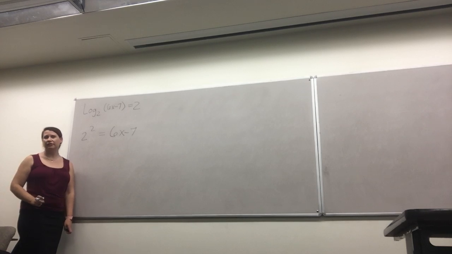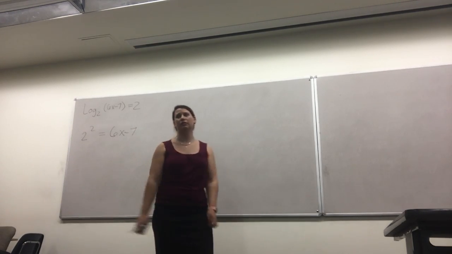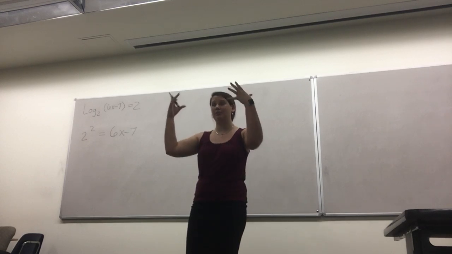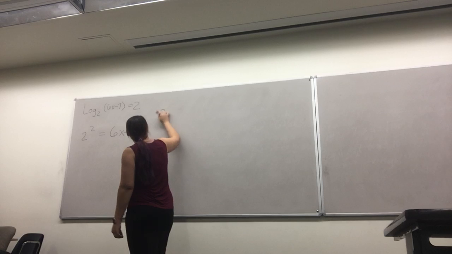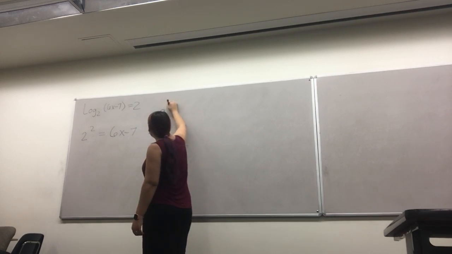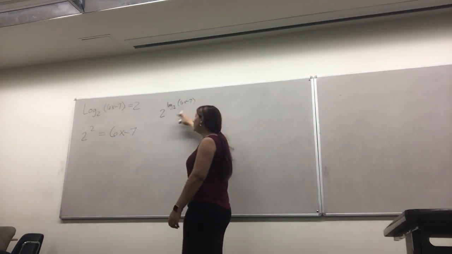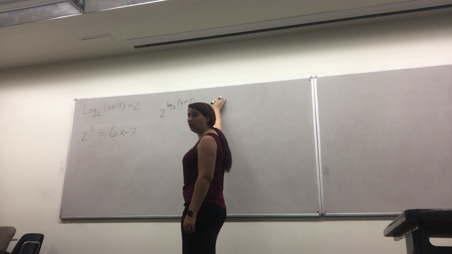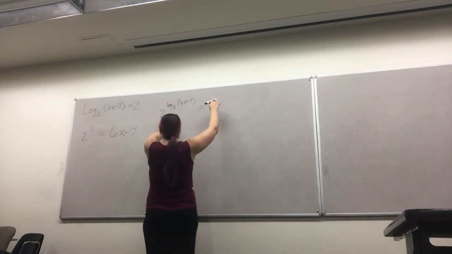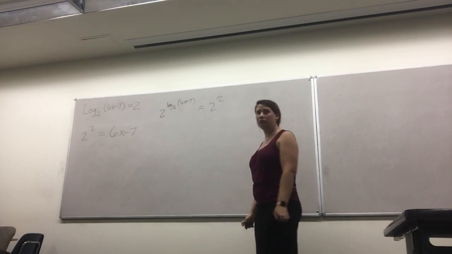Or we could say, oh, that log has base 2. Let's put the log in the exponent of 2 on both sides. So 2 raised to log base 2 of 6x minus 7 equals, now you have to raise the other side into the power of 2 as well. So that side goes into the power of 2.